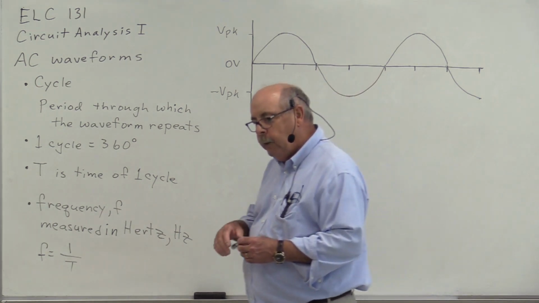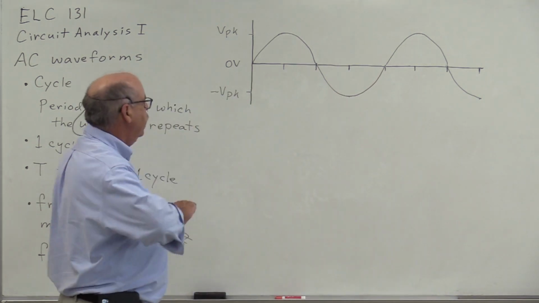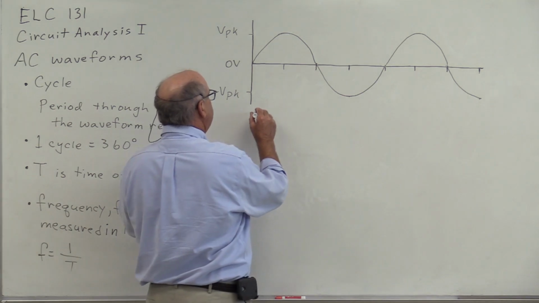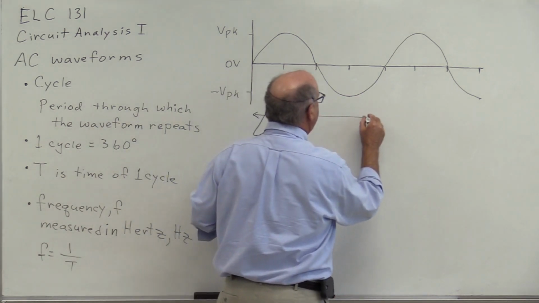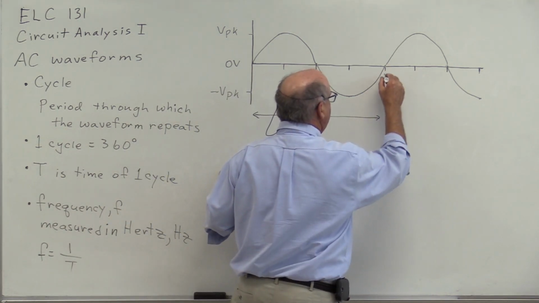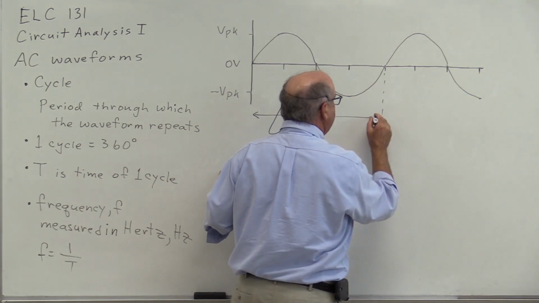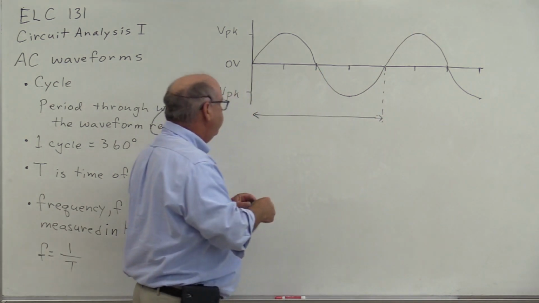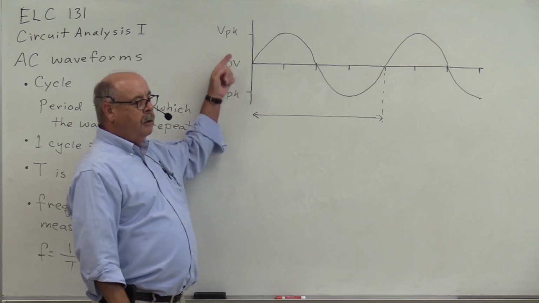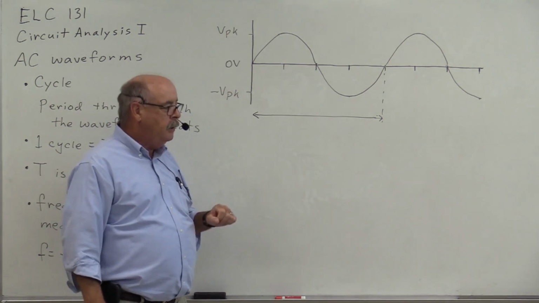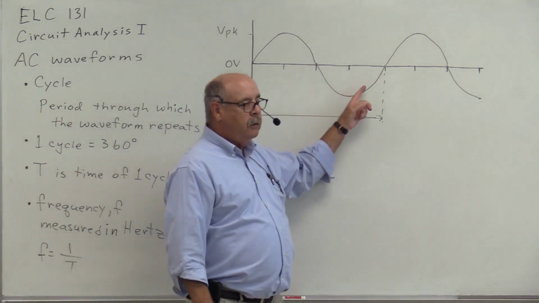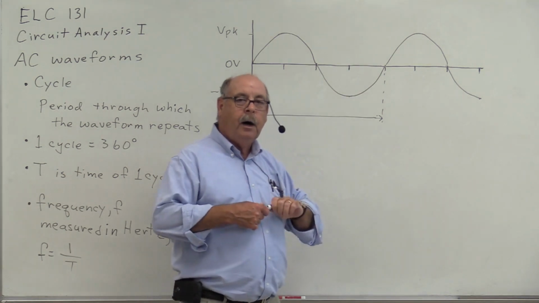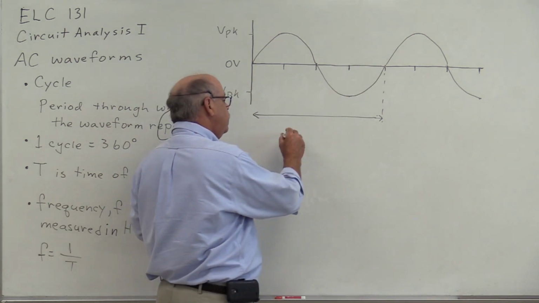So looking at the waveform that I've sketched on the board, one cycle is the period from here to here. When the waveform crosses zero going in a positive direction until the waveform crosses zero going in the positive direction again.